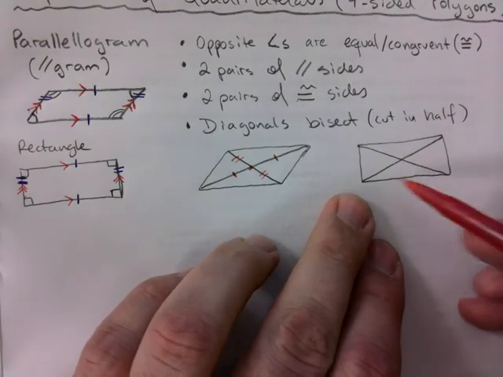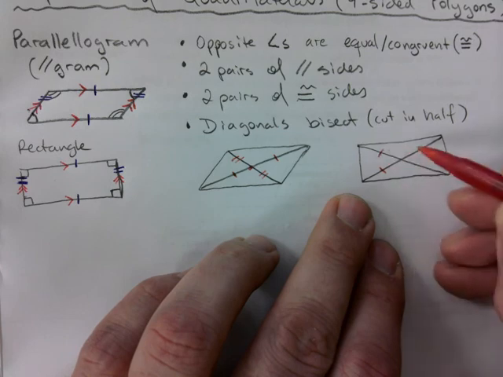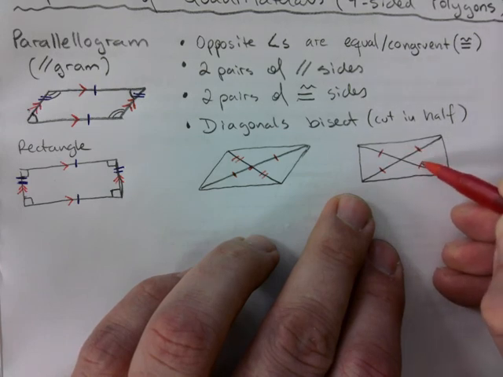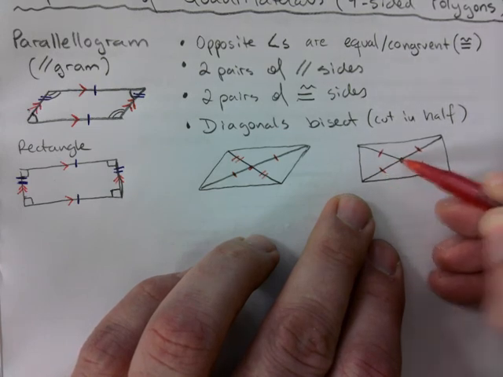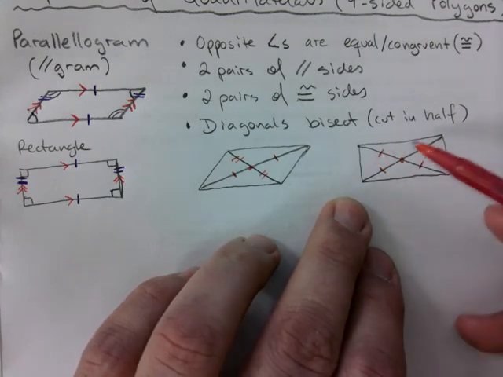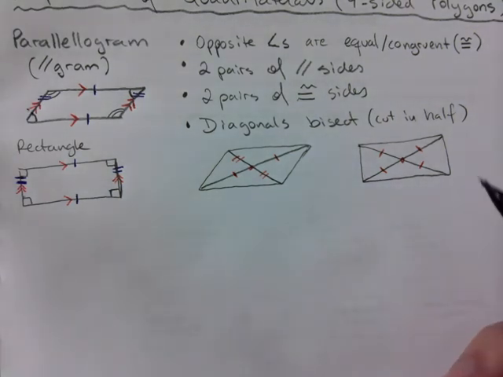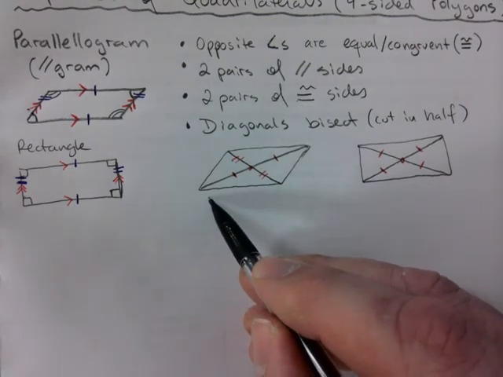And then looking at this one, because both diagonals are the same, they're also cut in half, but the result is that all of those little cut-in-half pieces, they all measure the same. So that's the difference when you're looking at that. So I will say this.